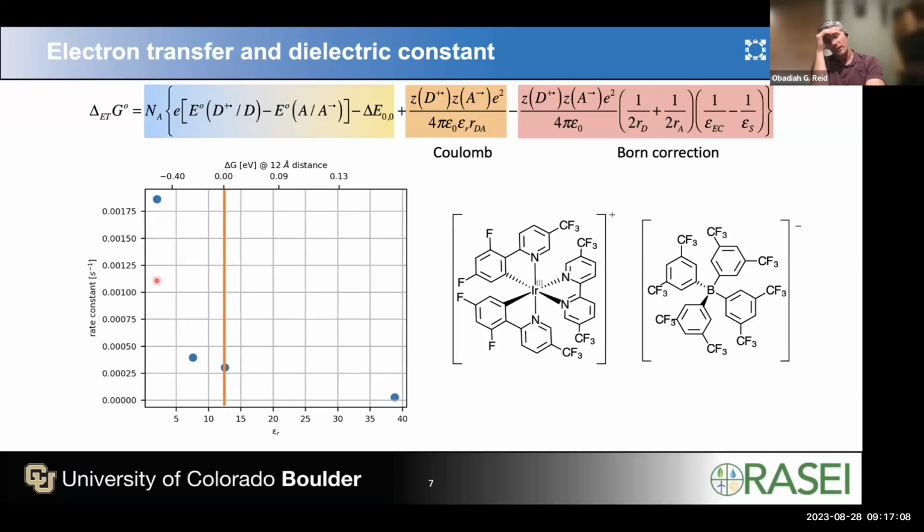Another example of this that quite surprised us is one that we stumbled across recently in our BioLite project, where the student was studying this ion pair of this iridium chromophore with this BARF anion. And we wanted to do our time resolved dielectric velocity measurement on it, which meant he had to put it into a low dielectric constant solvent.